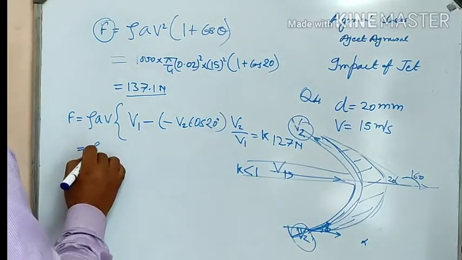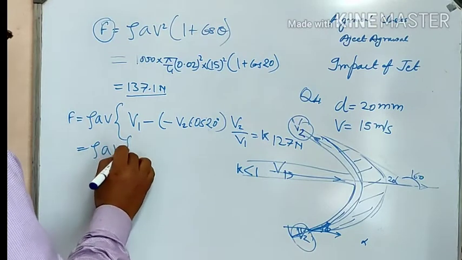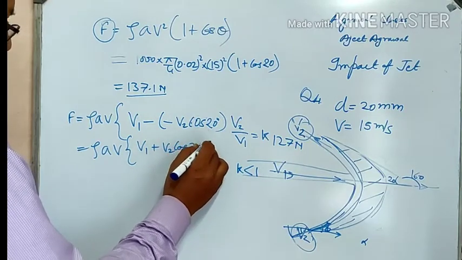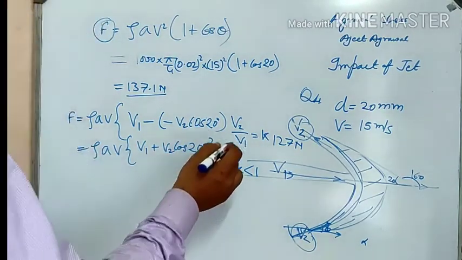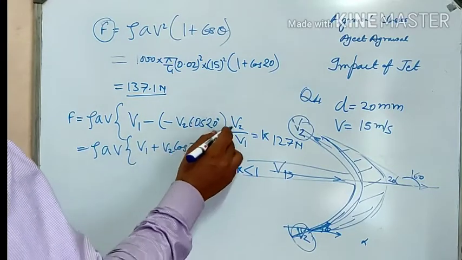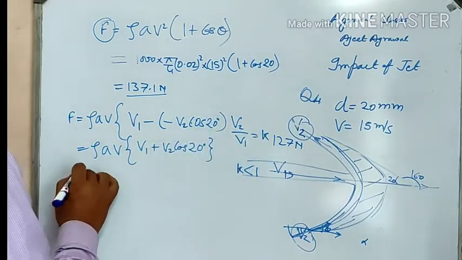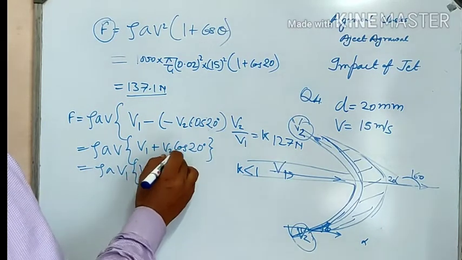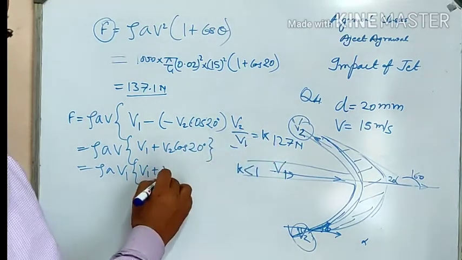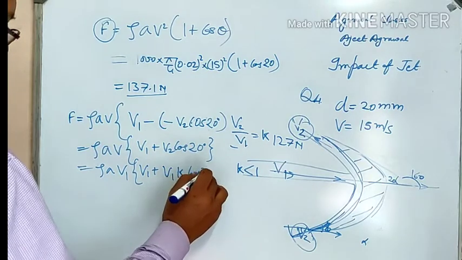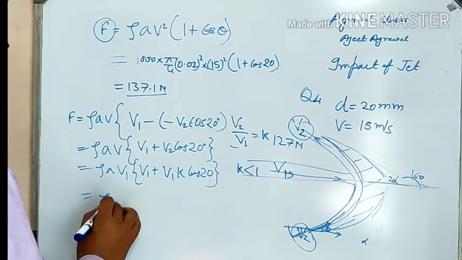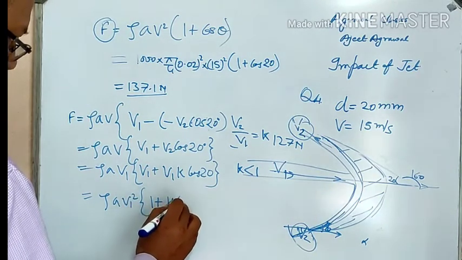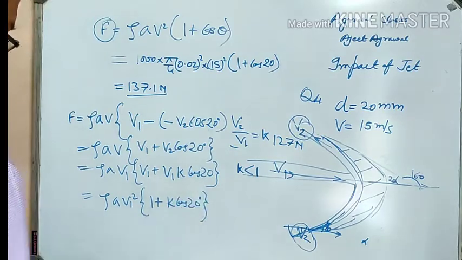Now this formula will become rho a v (v1 plus v2 cos 20 degrees). We can write v2 equals v1 k, so this equation becomes rho a v1 (v1 plus v1 k cos 20 degrees), which becomes rho a v1 square (1 plus k cos 20 degrees).